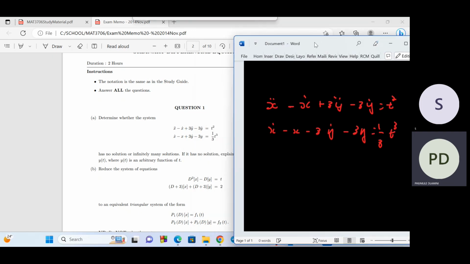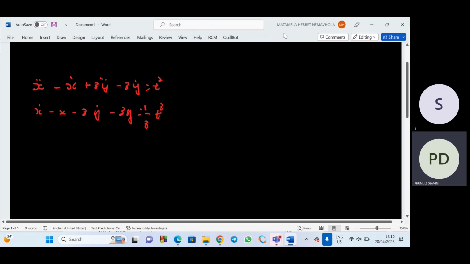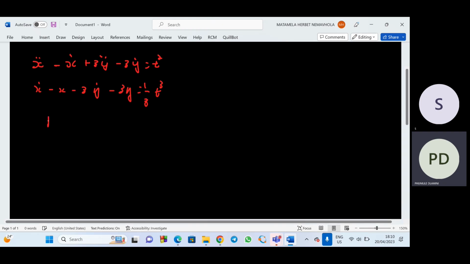Okay, let me check. Yes, it's t squared. So in this equation, the first thing we're going to do is use the same method. We say d squared is for this x here, and you also have x here minus d, and you also have, what? There is nothing for x. Then you put brackets to show that it is for the x side.